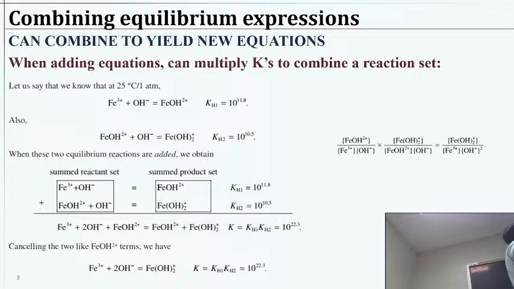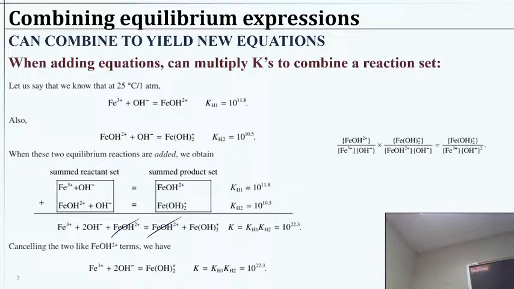Now, once we want to put them together, we could add them up in terms of summing the whole reactant set and the whole product set, put each of those terms on each side and say, okay, this is the full equation, and it could simplify down a little bit, and you'll notice that it will simplify. We have an FeOH2+ here, an FeOH2+ here, and that's going to take out the intermediate step, essentially.